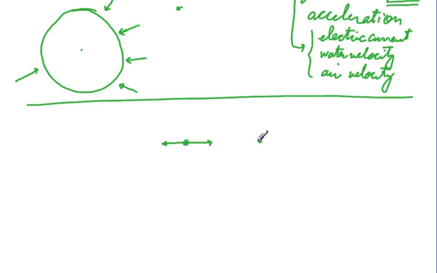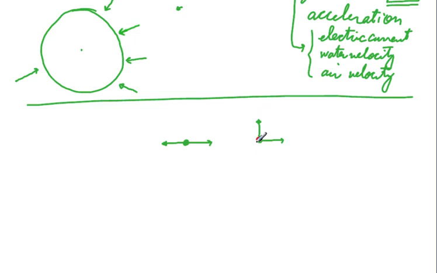Now if these two friends pull you in these two directions, in which direction would you actually move? Somebody is pulling you to the east, another person is pulling you to the north.